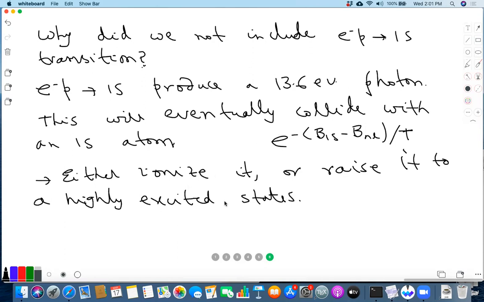But a highly excited state differs from the continuum by a small amount.